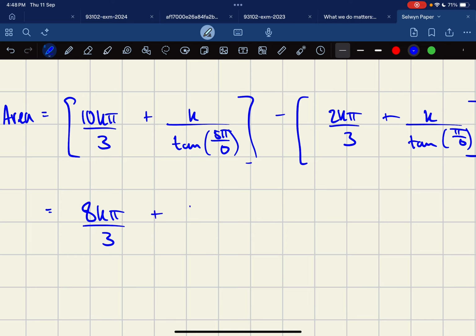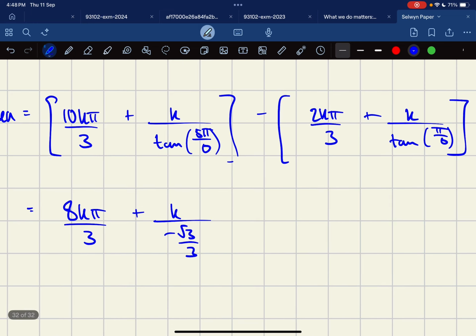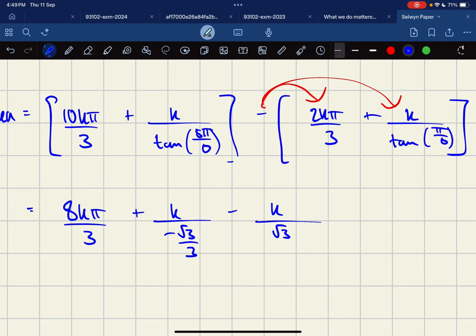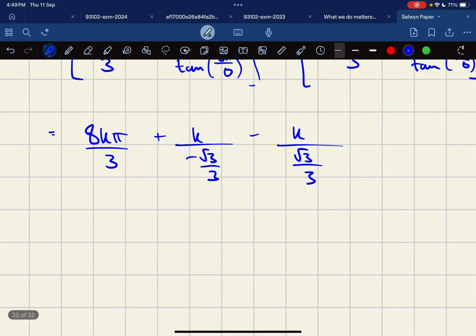So this is plus k over negative root 3 over 3. And then this minus here, well, it influenced this positive here, and then this turns into minus as well. So this becomes minus k over positive root 3 over 3.